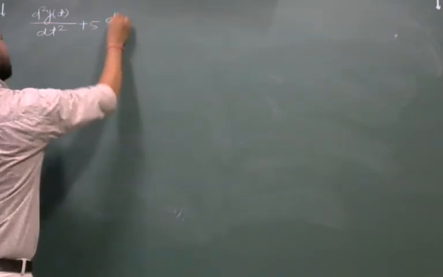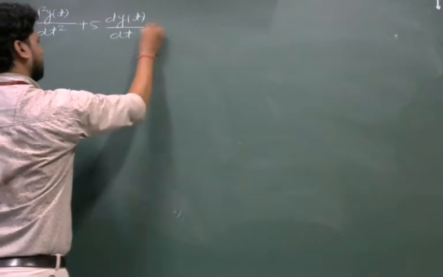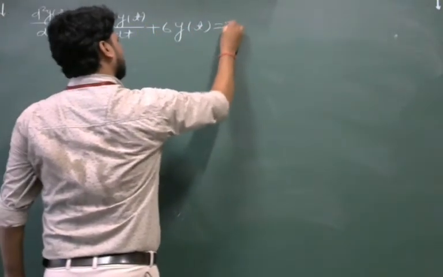The system equation given here is d2 y of t by dt square plus 5 dy of t by dt plus 6 y of t is equal to x of t.